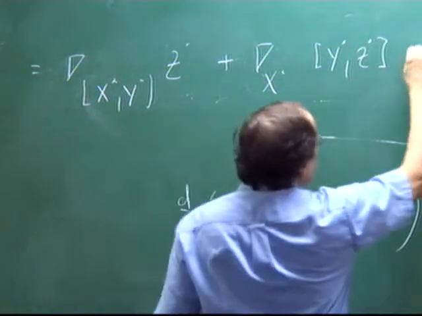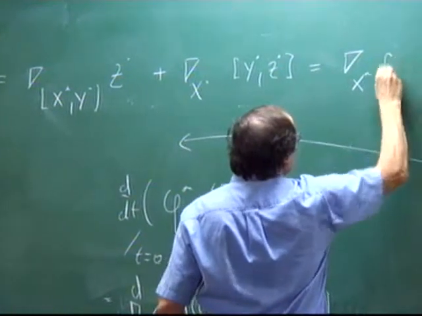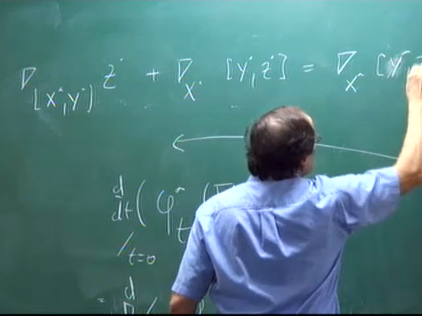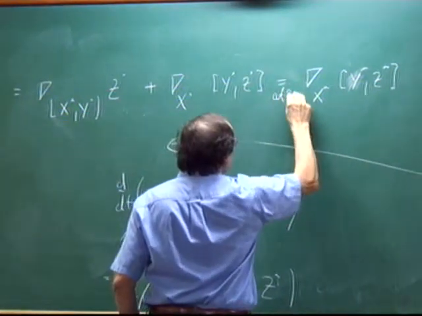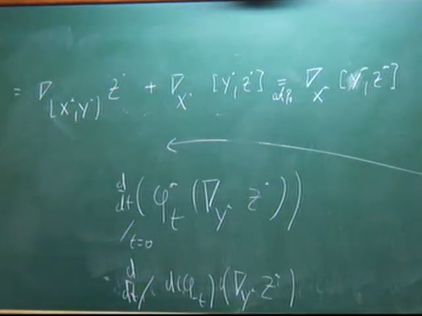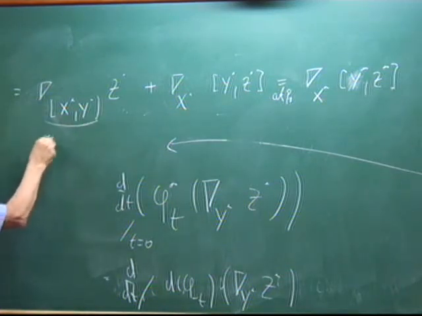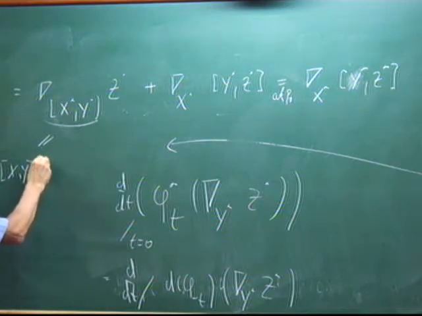And now I claim that this is equal to the second expression at the point P_0. And that's because I claim this expression right here is 0. This vector is 0. So why is that? Well, this is equal to minus, take the bracket first, then take star of that at the point P_0.